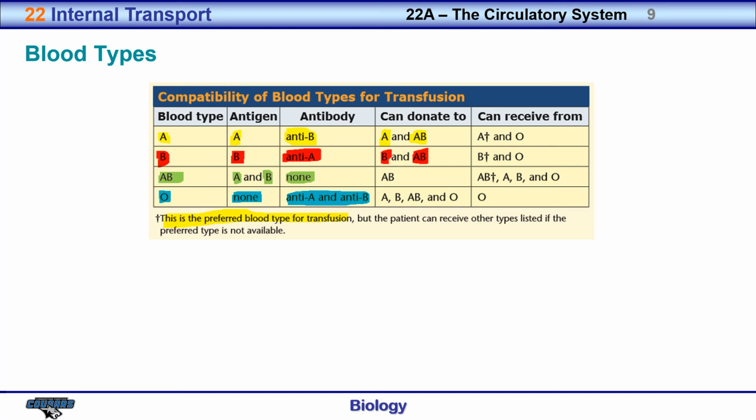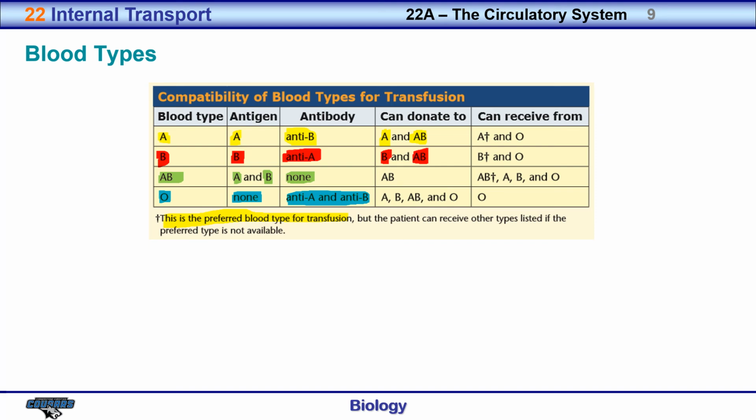And you could also donate it to an O person. An O has anti-A and anti-B, and you don't have any A or B antigens, so that's good. Now, who can you receive blood from?